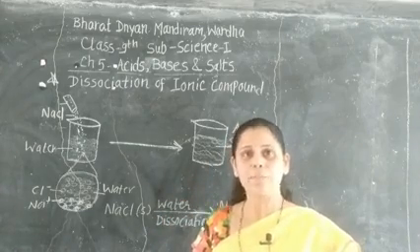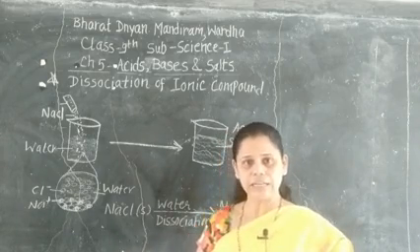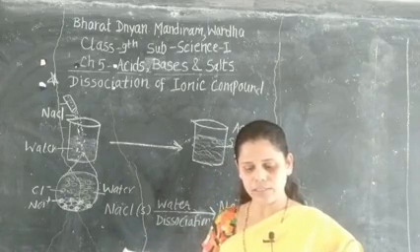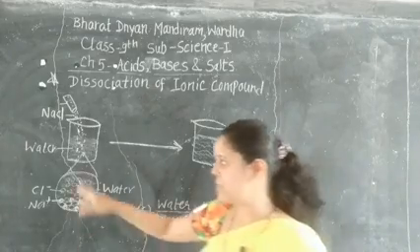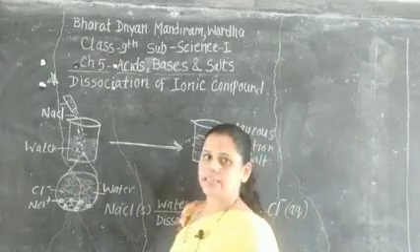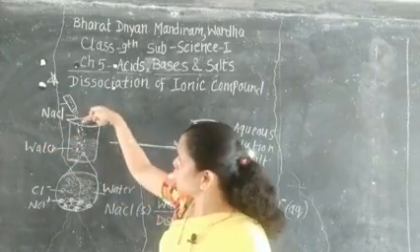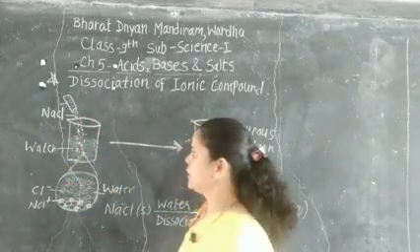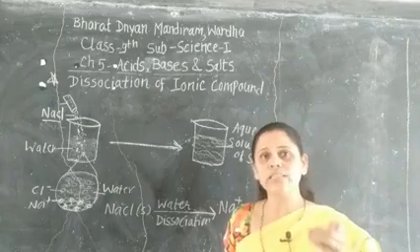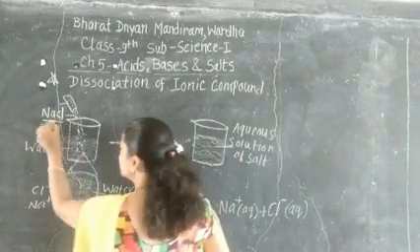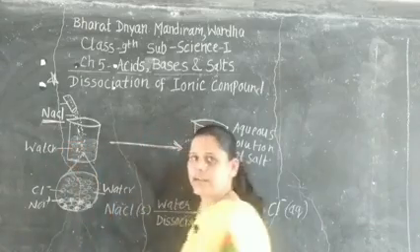In the solid state, the oppositely charged ions in the ionic compound sit side by side. Let's see the example of NaCl, sodium chloride. Here the sodium chloride is in solid state, so first the ions sit side by side.